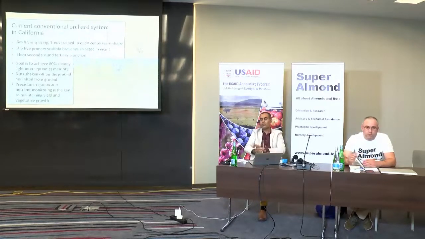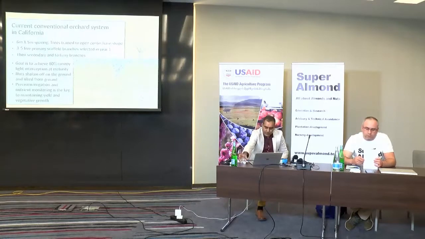Now, what are the ways to calculate for the first few years, when we are shaping the tree, how much the nutrient requirement should be? In a production year, I understand it's much easier to calculate how much you would apply based on yield and vegetative growth.